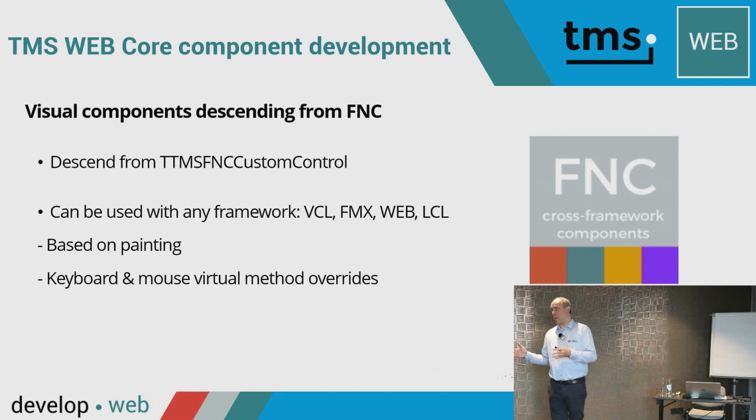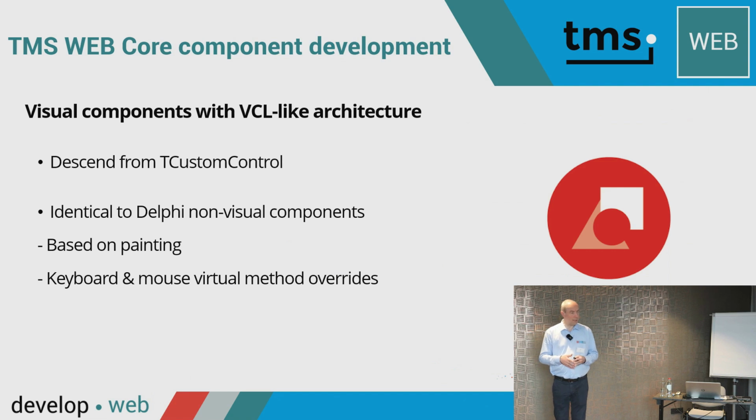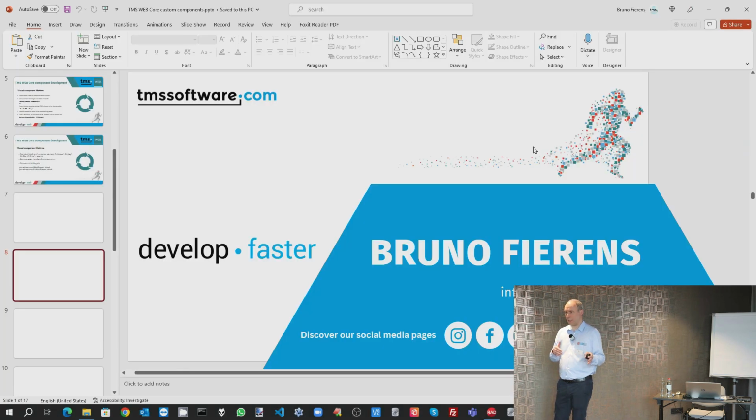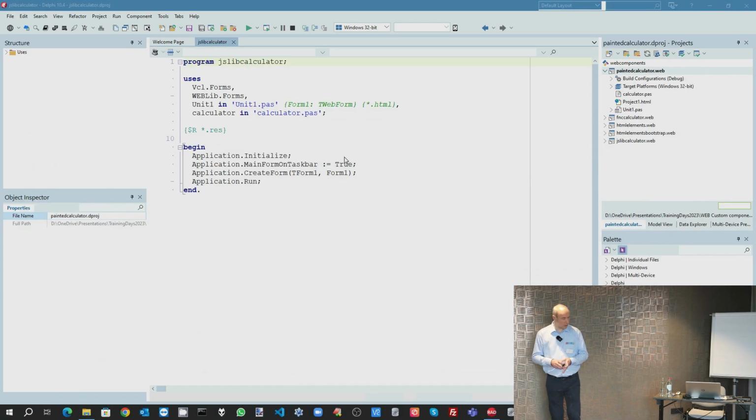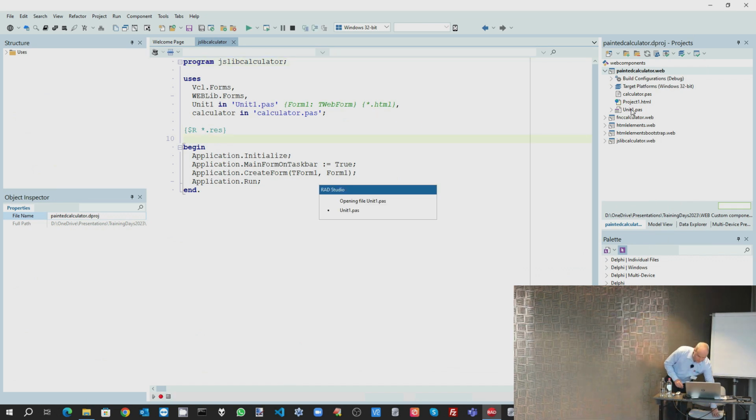And so that is the first type of custom control in WebCore that we will demonstrate in this session. The second one will be based on FNC, but I think it's best to first have a look in detail at how we can build such a custom control and look at that from the Delphi IDE.